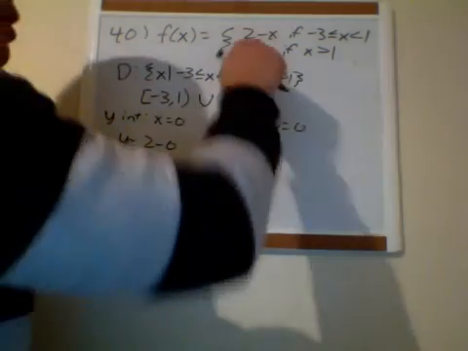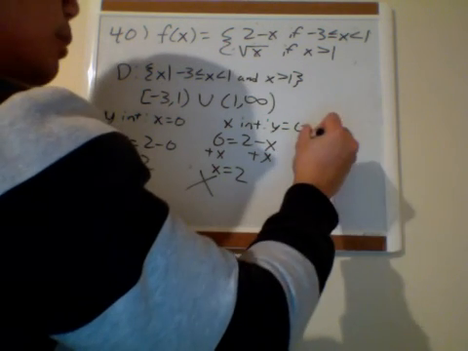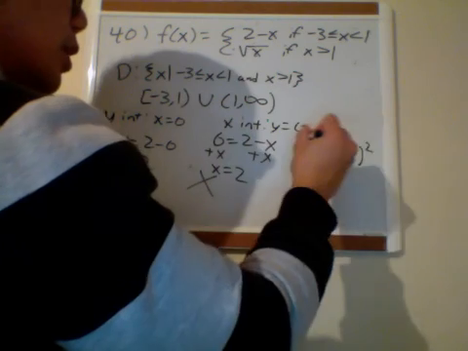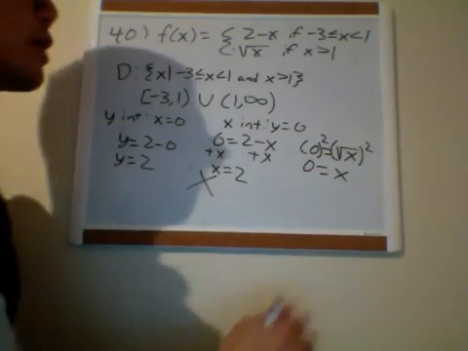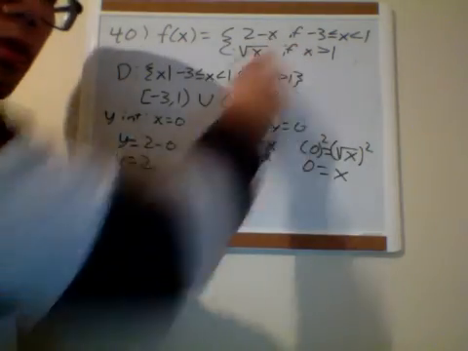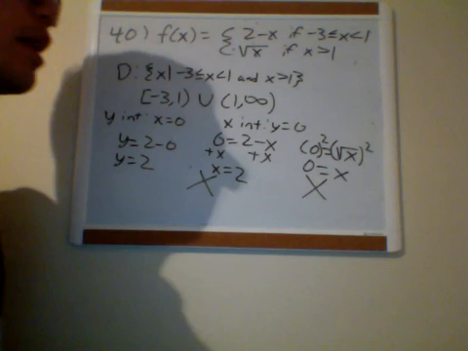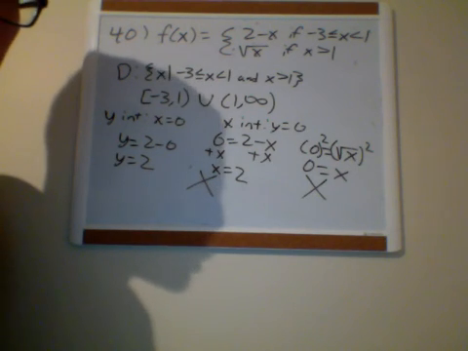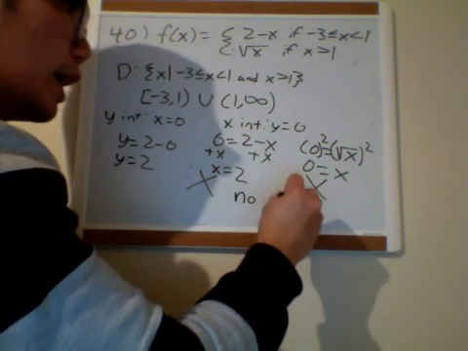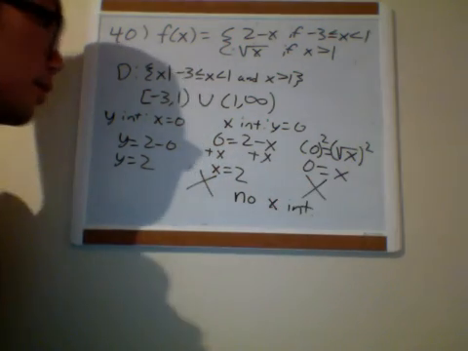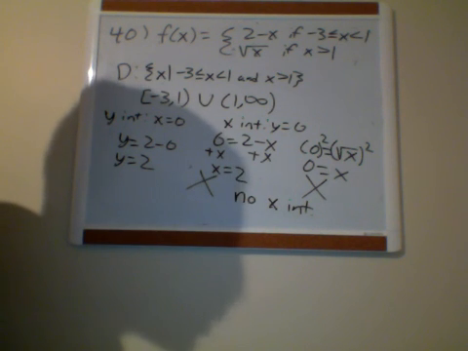Now, if I plug it into the bottom, I get 0 is equal to the square root of x. I square both sides, and I get 0 is equal to x. This does not fall within the domain of the bottom function, so this is not an x-intercept. So this problem has no x-intercepts. Has a y-intercept at 2, but it has no x-intercept.